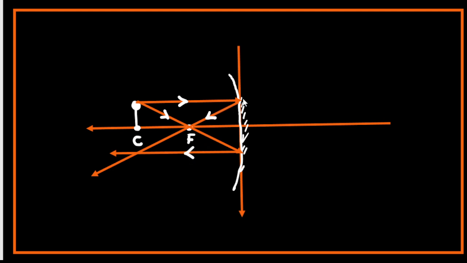Now look at the first reflection, it goes this way. The second reflection goes this way. You can see their point of meet, right? Their point of meet is here. Let me leave the C there, but use a different contrast. Now the image is formed here.